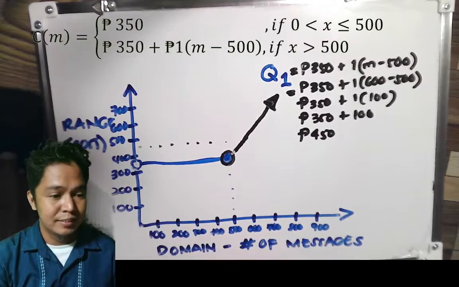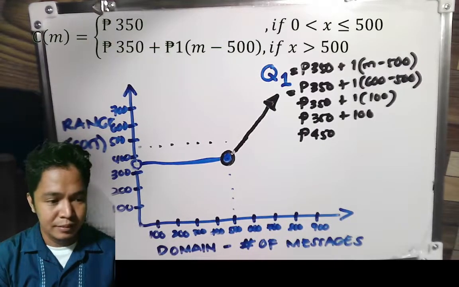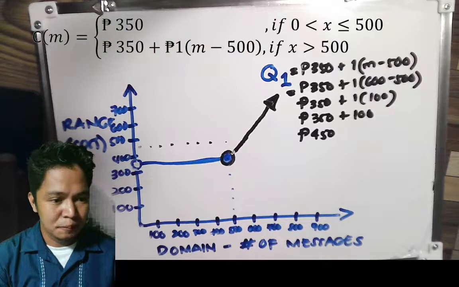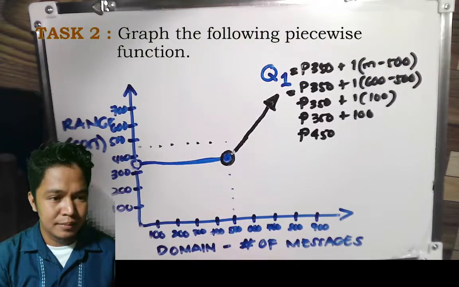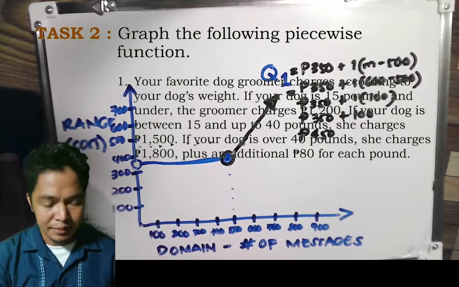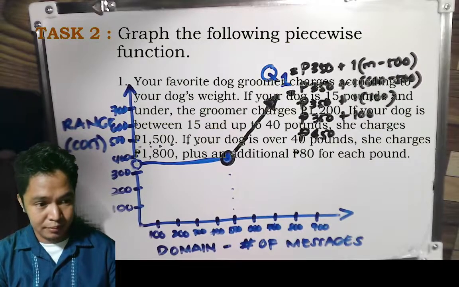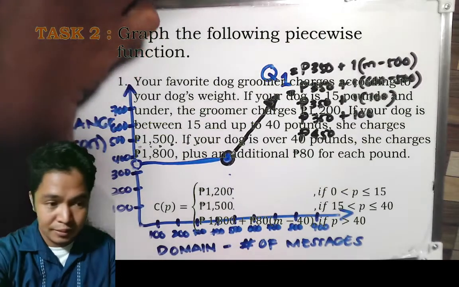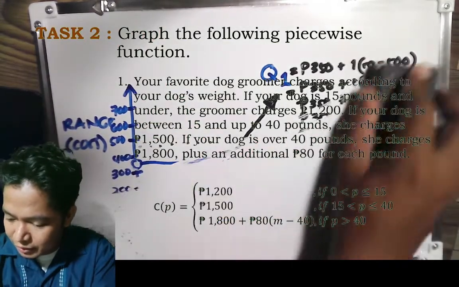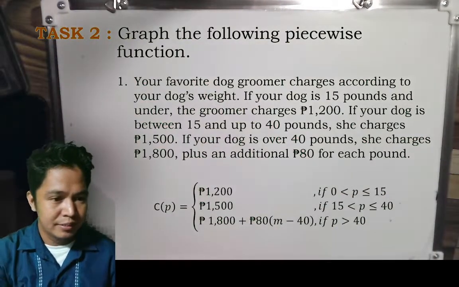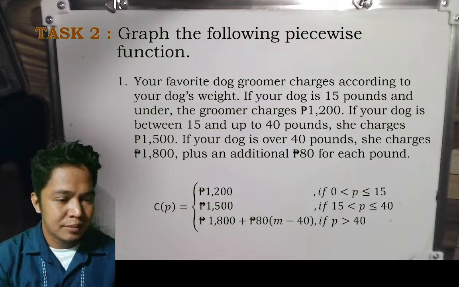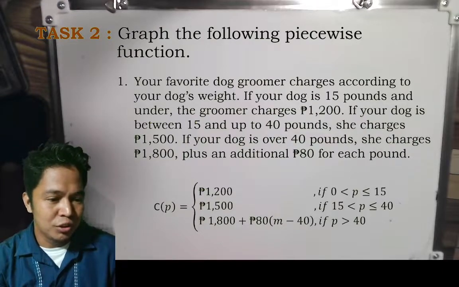And another example. Burahin na muna natin to. Ayan. So, meron tayo ditong tatlong function.